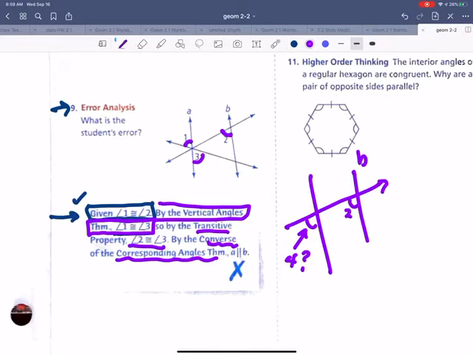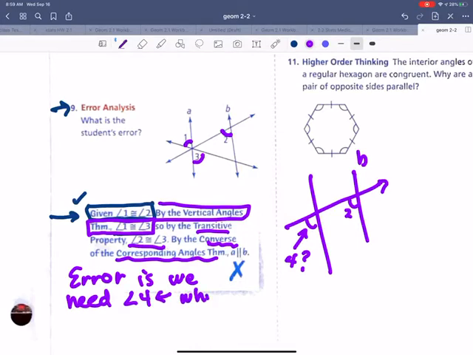If those two angles were equal, so if this angle is equal to this angle, then these two lines would be locked into place. And so that's where I see the error here. So the error is we need angle 4, which is an unknown angle here. It's an unknown measurement at this point.